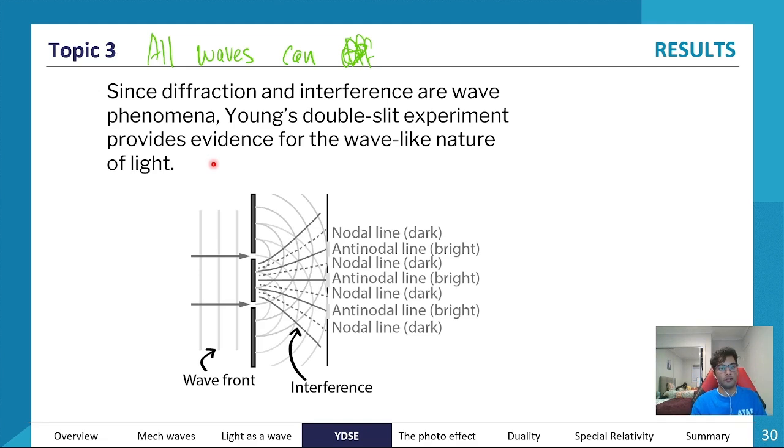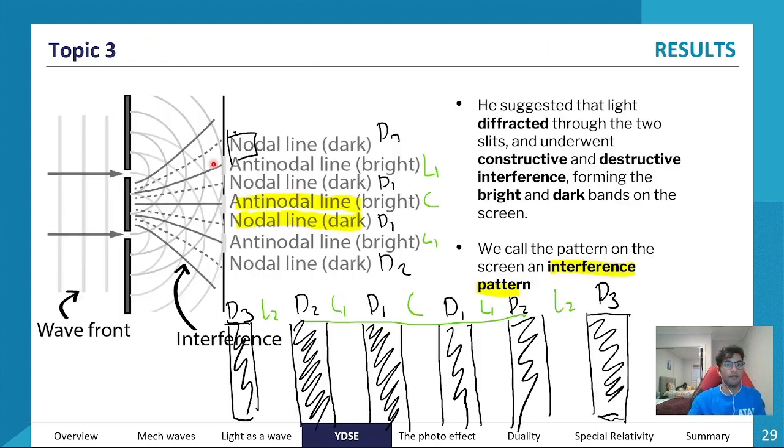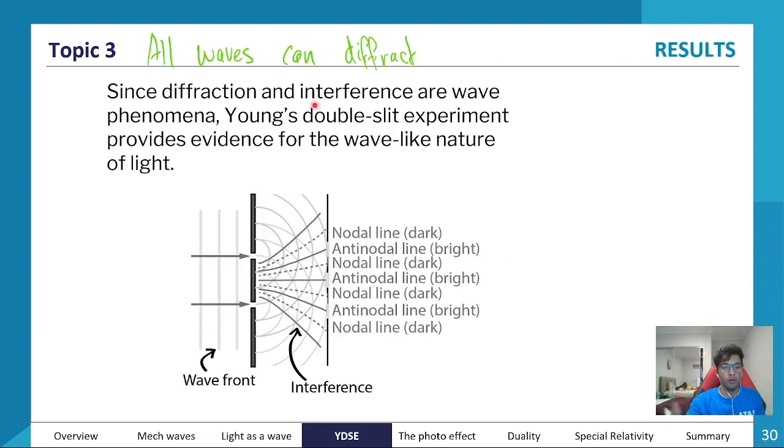What Thomas Young showed, or proved, was that light is in fact diffracting. It's showing a diffraction pattern. And since only waves can diffract, light therefore must be a wave. So he essentially proved that light is a wave.